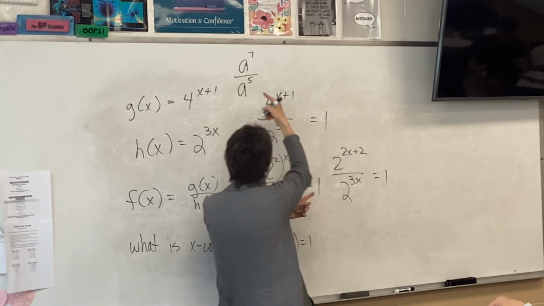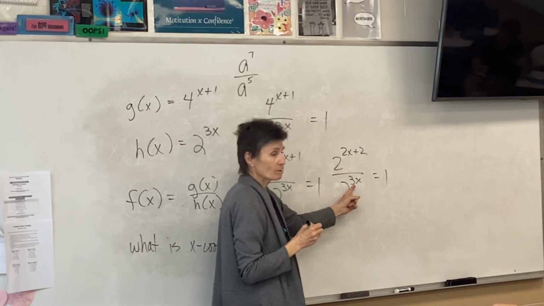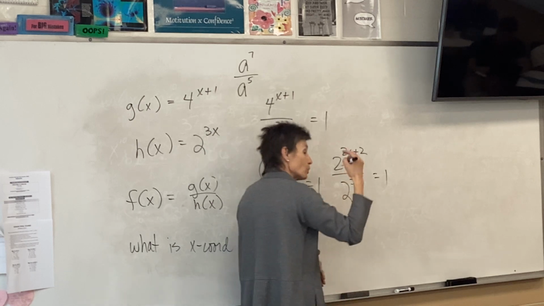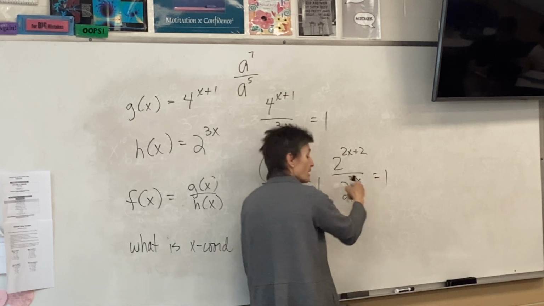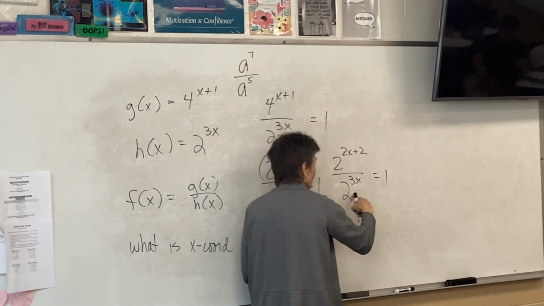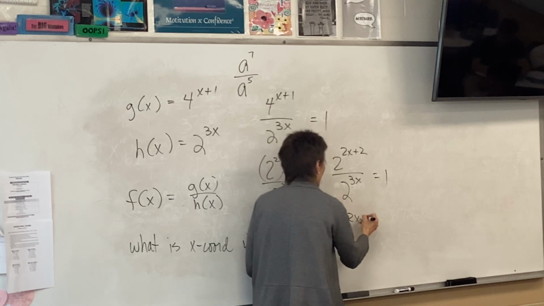So if you want to handle it like that, what would you do with these exponents? You don't divide the exponents, you subtract them. So could you subtract the exponents here? Yes. It might be easier if you multiplied this over here. Either way will work, okay?